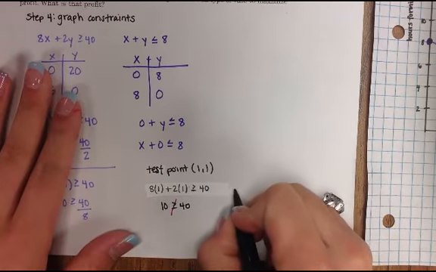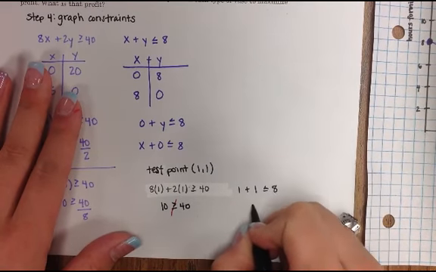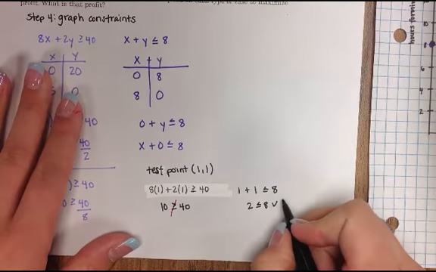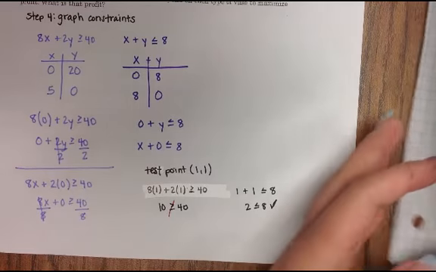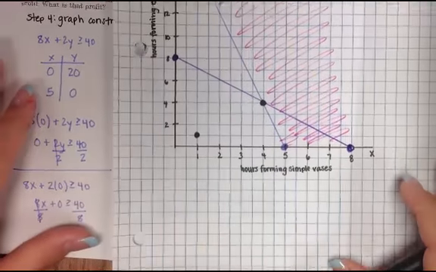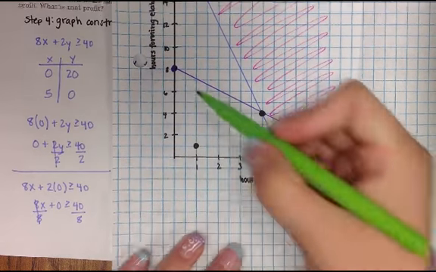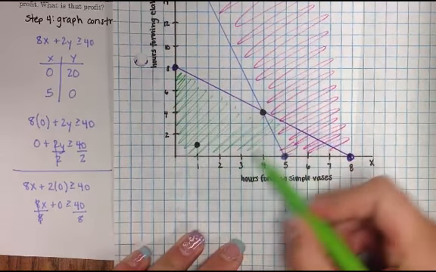So we have 1 plus 1 is less than or equal to 8. 2 is less than or equal to 8. That's true. So we can shade now on our other line, we're going to shade below, because it was true for the point 1, 1.